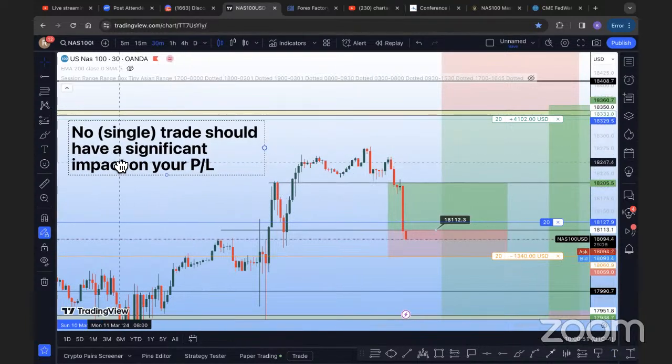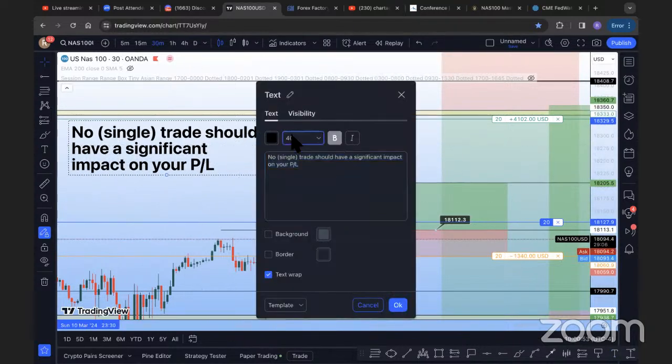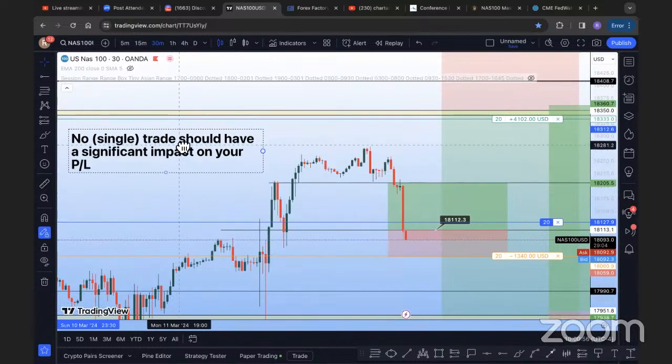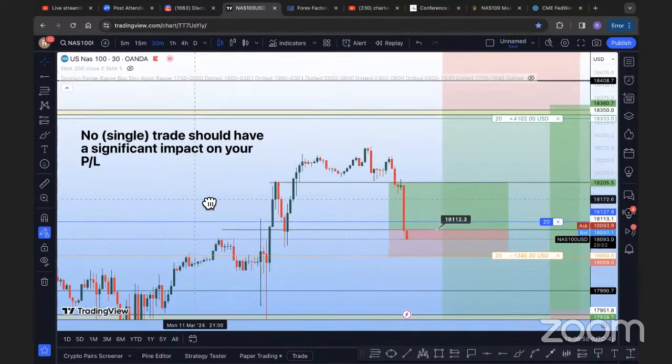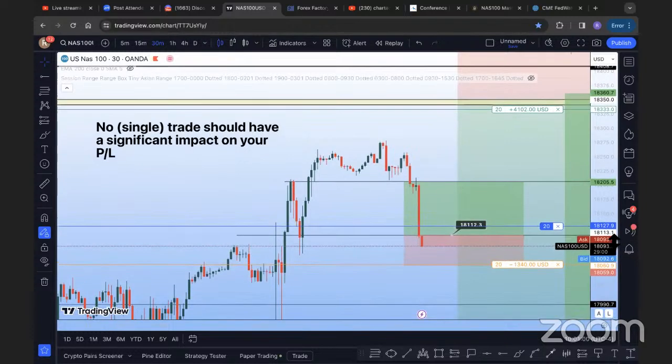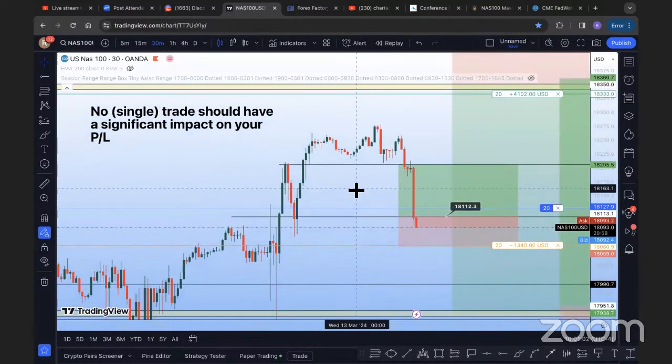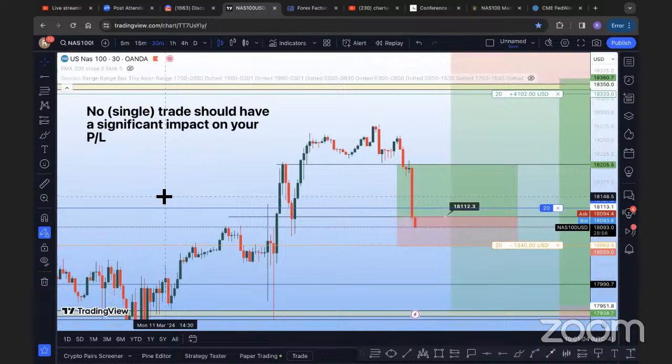Okay, what does that mean? Most traders are looking at this confused right now because a lot of people's understanding of trading is that if I win a trade, I should make a lot of money. And when I lose, it's just been devastating.